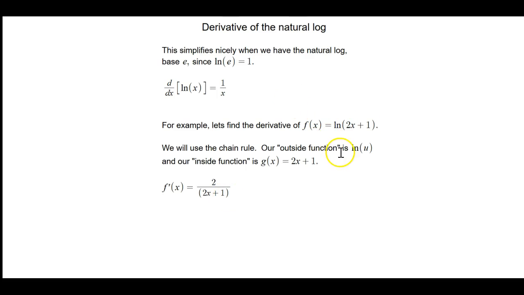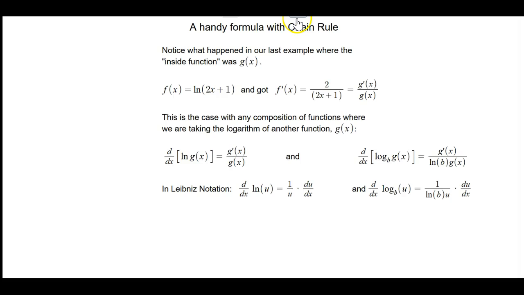So notice that when I found the derivative using the chain rule, the derivative of the outside function is 1 over u, and u is whatever that inside function is. And then my numerator is just the derivative of the inside function. And that's going to be the case in general.